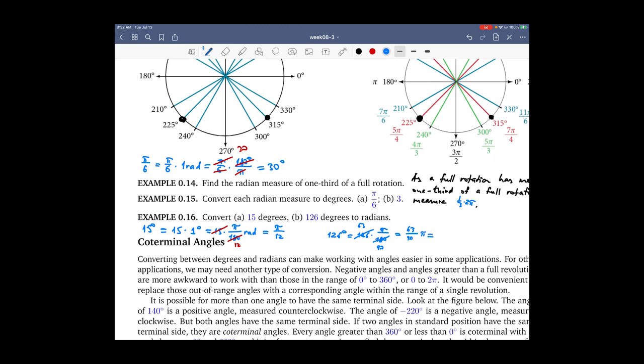You can actually cancel more. You can cancel by 7 or by 9. 63 by 9 is 7. 90 by 9 is 10. So we get 7 over 10 pi radians. Again, radians may be omitted. It's a unitless measure.